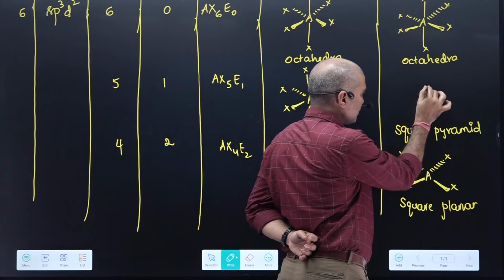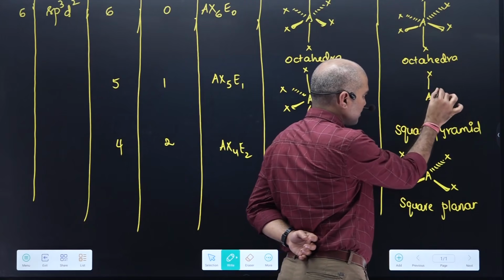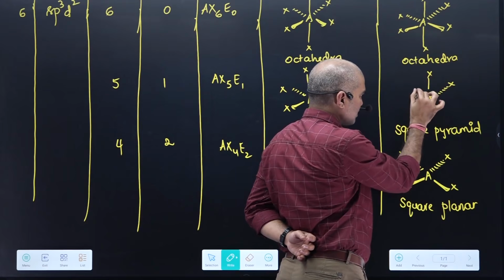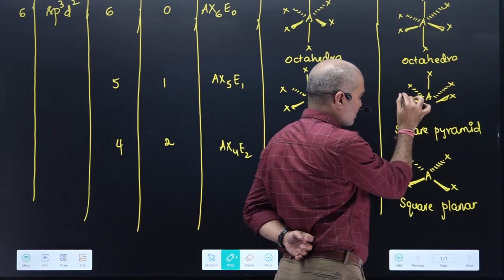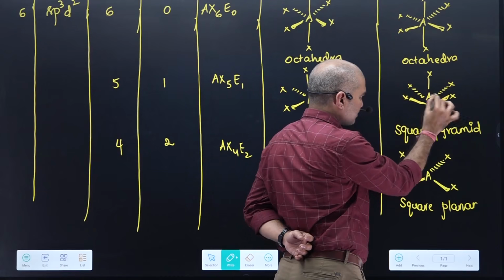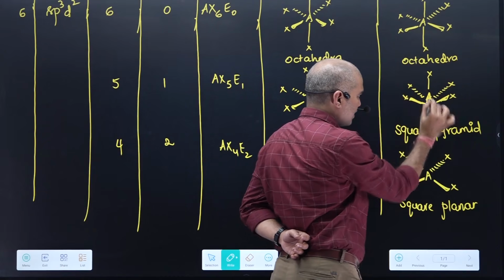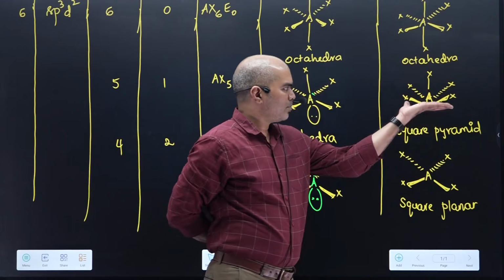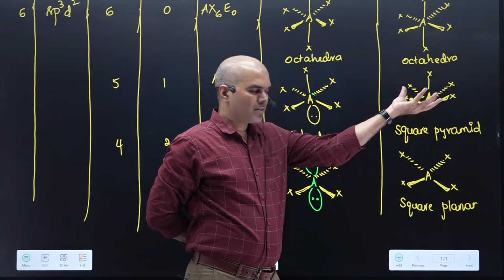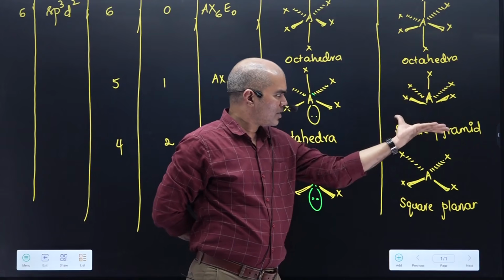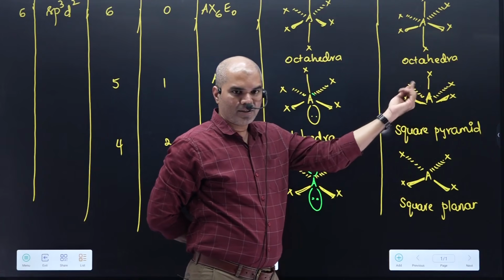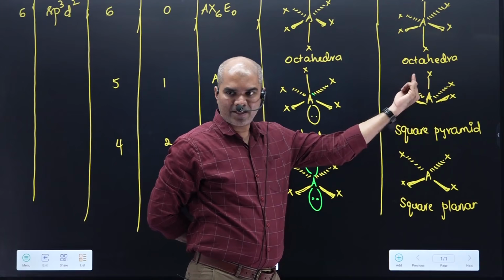A, this is X, X, X, X, X. This is A. It means the plane will not be like this, it will be like this. All four basal bonds are now bent upwards. So it is not 90, it is lesser than 90.